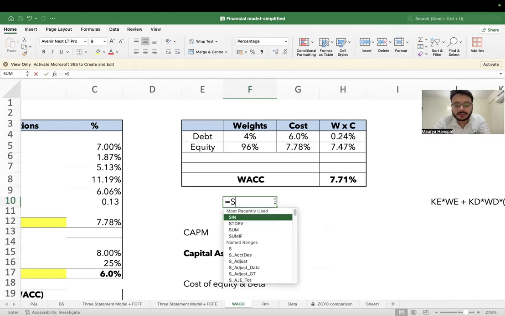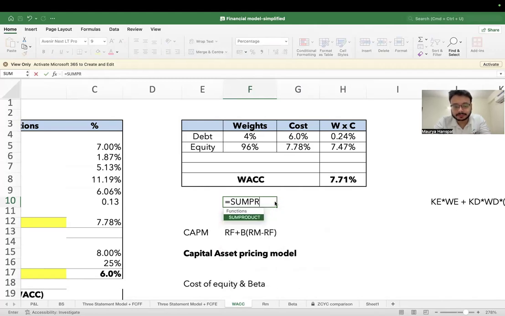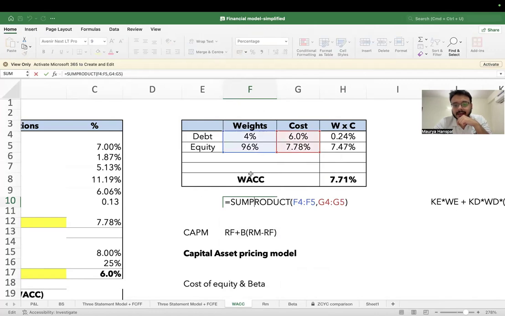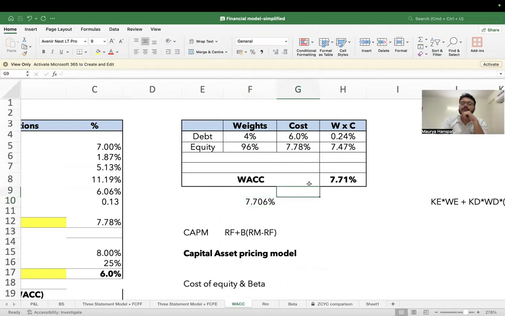Or I can also use a function called sum product. Sum product, this and this. It again gives me the same answer, 7.71%. I selected this column and this column without manually doing it. So here I get my weighted average cost of capital.